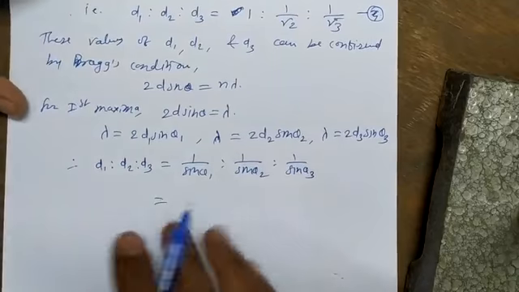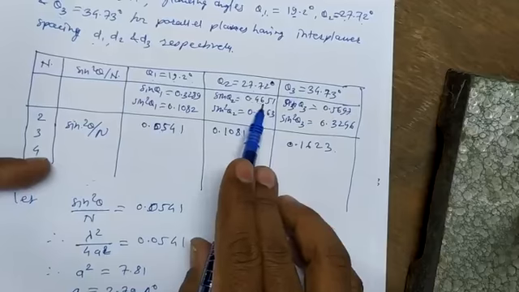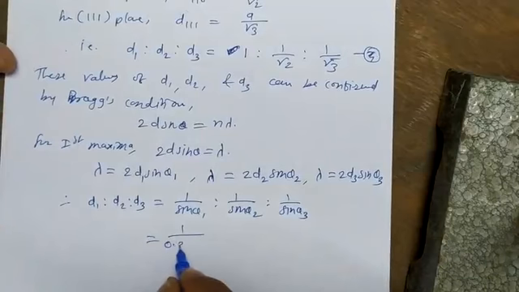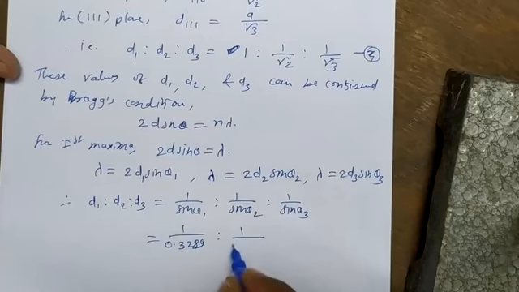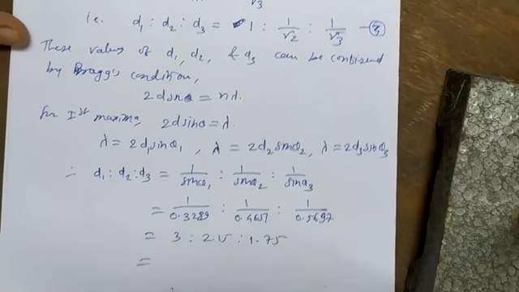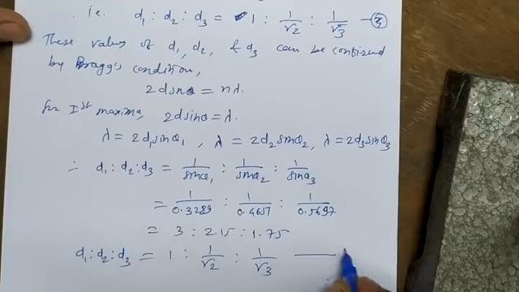If we solve this, the values of sin theta 1, sin theta 2 and sin theta 3 are 0.3289, 0.4651 and 0.5697. Using these values, we get 1 upon 0.3289 as to 1 upon 0.4651 as to 1 upon 0.5697, which gives 3 as to 2.15 as to 1.75. If we divide this by 3, we get 1 as to 1 upon root 2 as to 1 upon root 3. This is equation number 5.